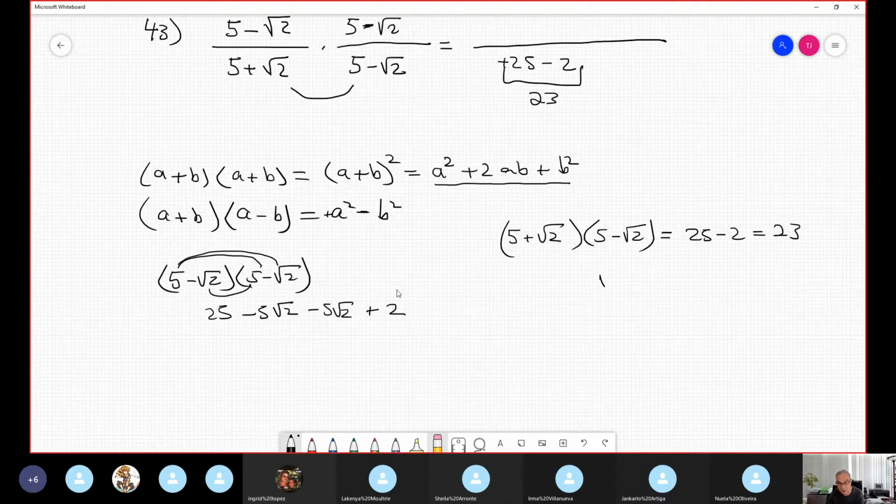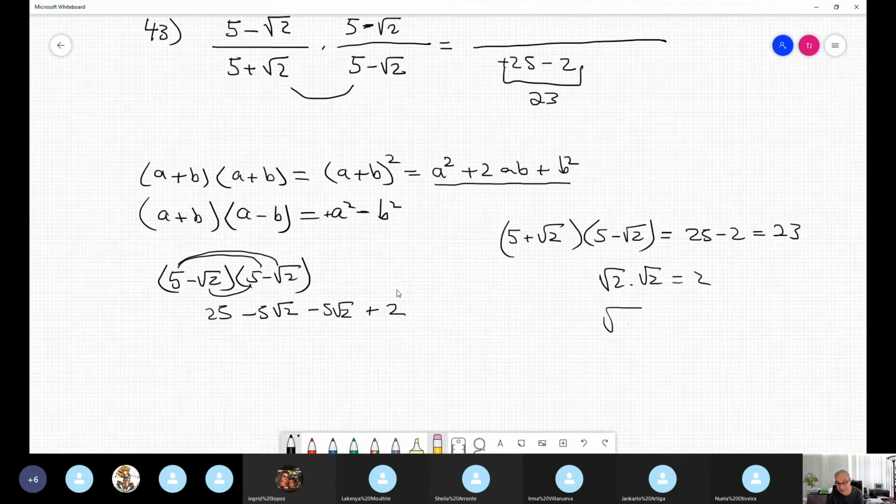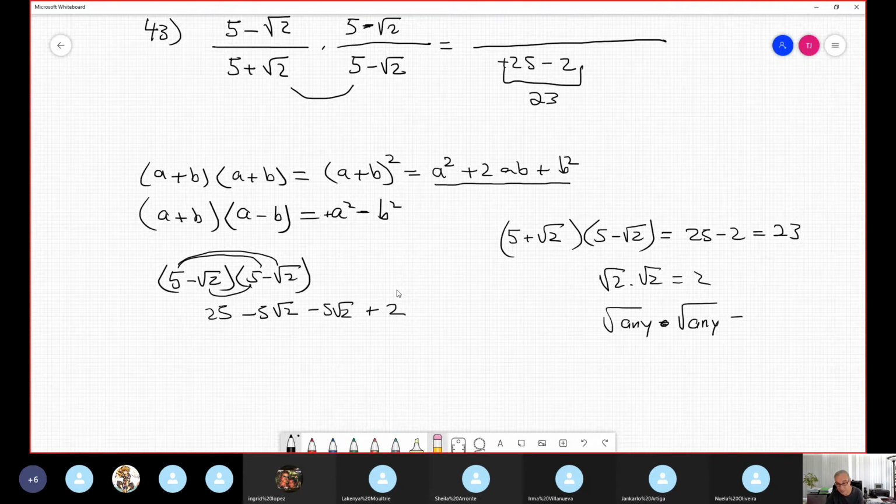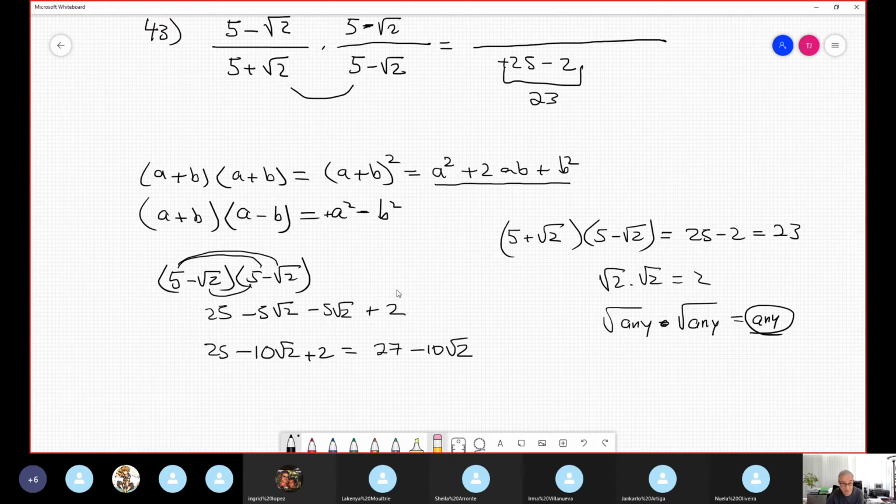Are you aware that radical 2 times radical 2 is 2, no? Radical any number or expression times itself is equal to that number. I take advantage of this fact to remove the radical, so rationalize. So you have 25 minus 10 radical 2 plus 2. And 25 plus 2 is 27 minus 10 radical 2.